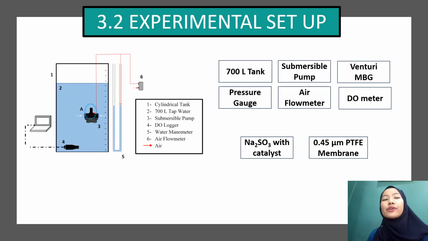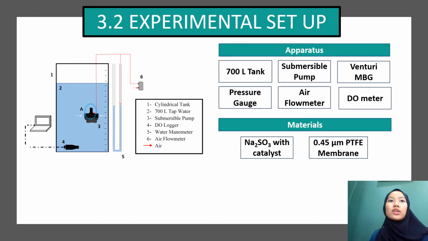As you can see from the figure, this is the experimental setup that we are using for this experiment. The apparatus that we need are a 700 liter tank, submersible pump, venturi type microbubble generator, pressure gauge, flow meter, and DO meter. The materials that we are using are sodium sulfide with a catalyst, which is cobalt chloride, and a 0.45 micrometer PTFE membrane.